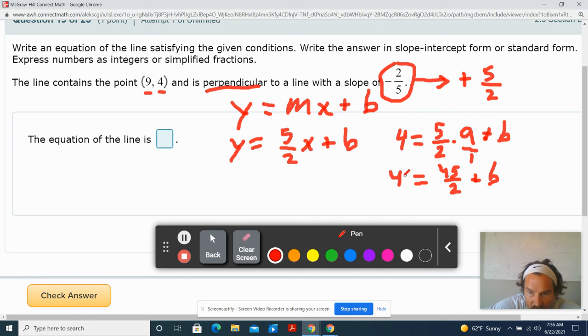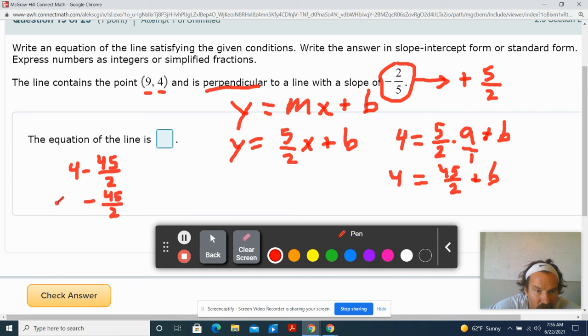So I have to take 4 and I subtract 45 over 2. Okay, so if you didn't get it last time, pay attention here on how I'm doing this. I'm going to leave the 45 over 2 because that's a fraction. And it's easier to subtract fractions with other fractions.